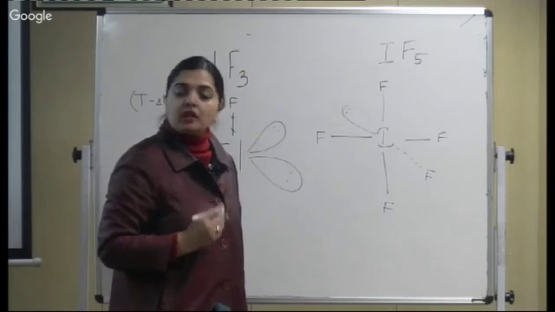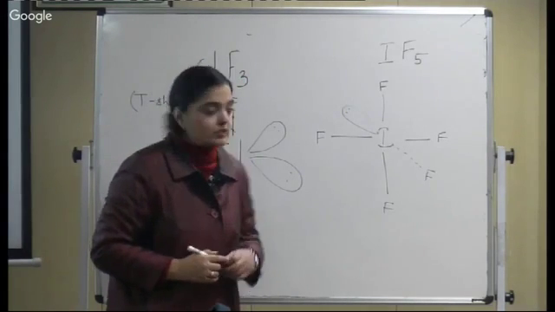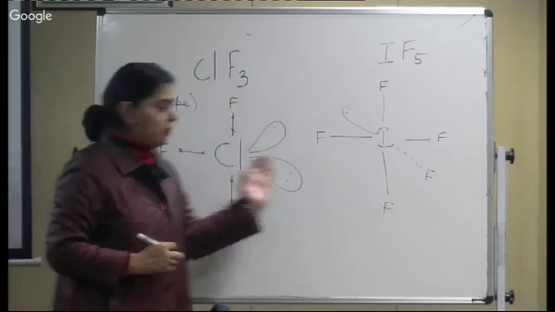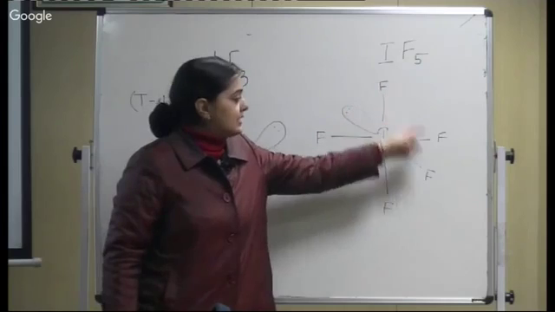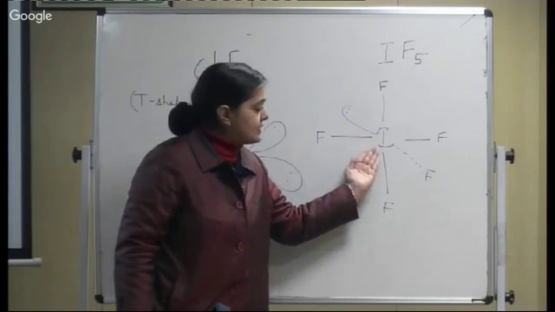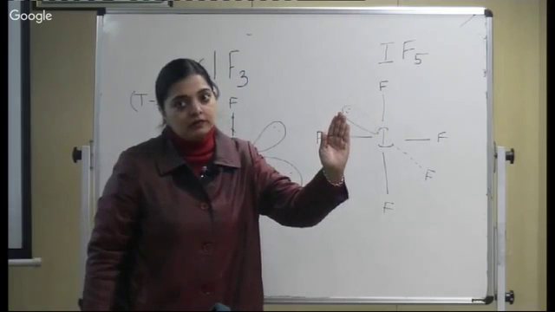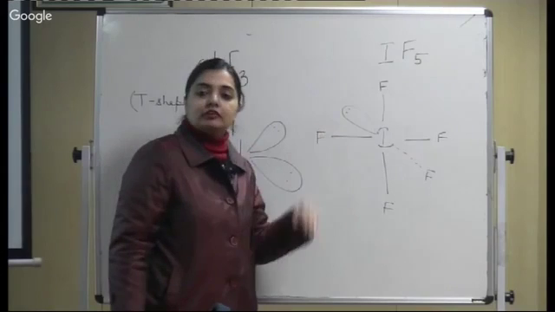Fine. Now what kind of geometry does it have? This is in the same plane. The 4 fluorines are in the same plane. One is above the whiteboard, and the lone pair is at the back side of the whiteboard. What kind of geometry should this be?